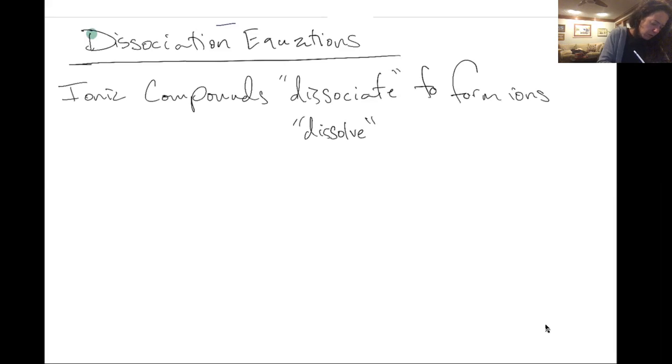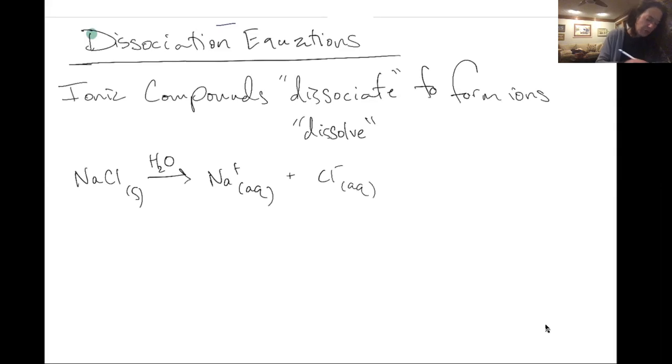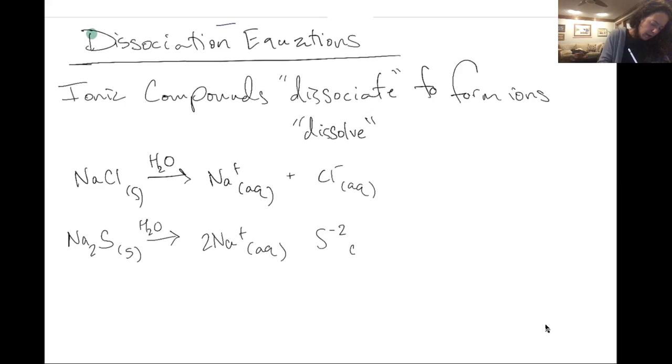So let's put our typical ionic compound as a solid in some water, and we end up with the respective ions. Another example, Na2S. Let's put the solid into water. When it dissolves, we get 2 sodiums for every sulfide ion. Those are the dissociation equations.